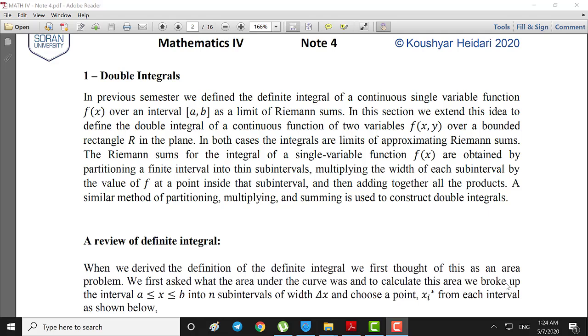Now, you have seen this process for a single variable function in the previous semesters, and we're going to give you a reminder of that here. But for a multivariable function, this process is our new subject of discussion after you get your reminder of the definition of definite integral for a single variable function. Okay, so let's go.